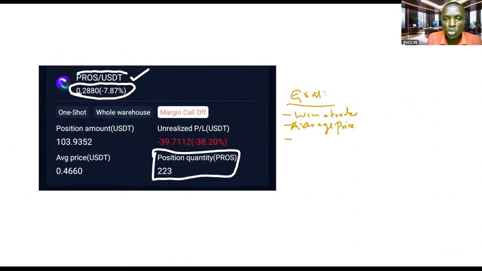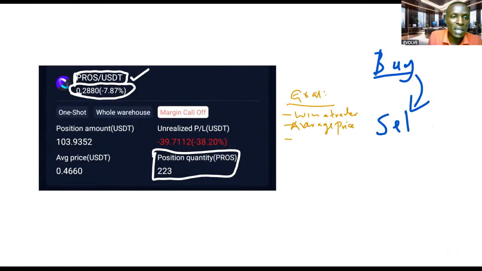The moment you buy, you immediately become a seller in the market. So the moment you place buy and the robot buys, instantly you turn into a seller. It means what they show you here is the price that you can sell at for each of the coins that you are already having.